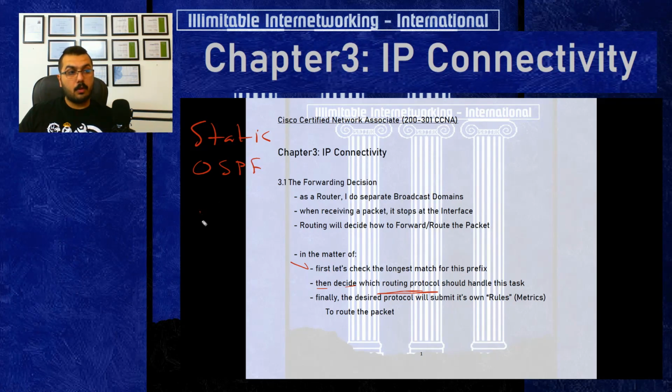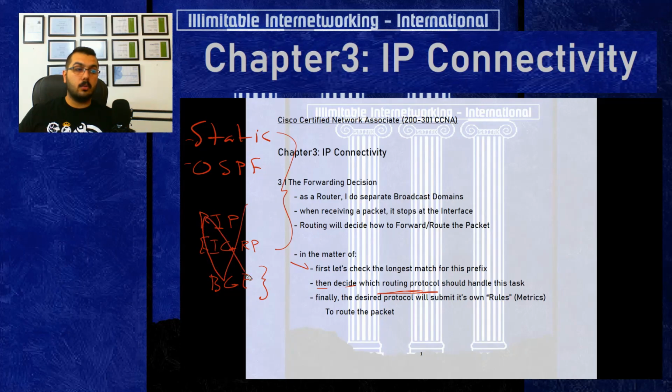Before, in the previous CCNA, there was static, OSPF, RIP, EIGRP. These are inside your network, and outside of your network there was BGP. So there were 5, now only 2 are left.